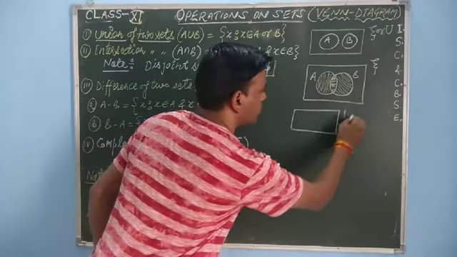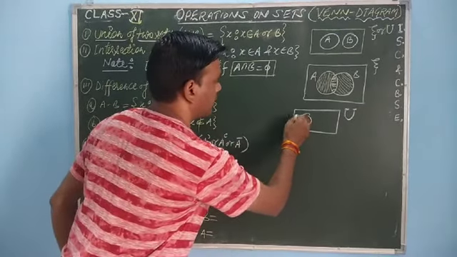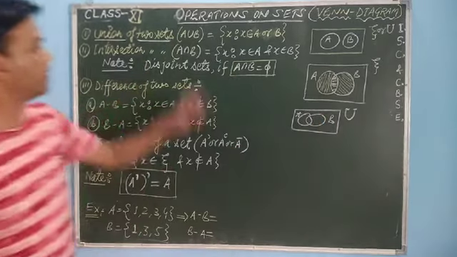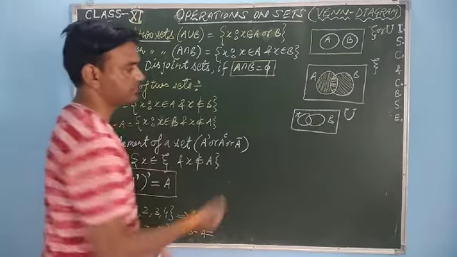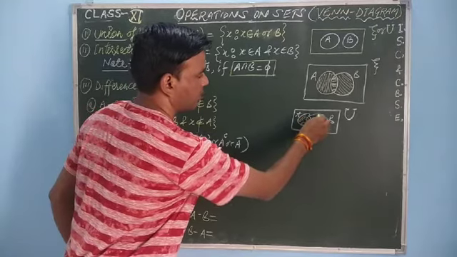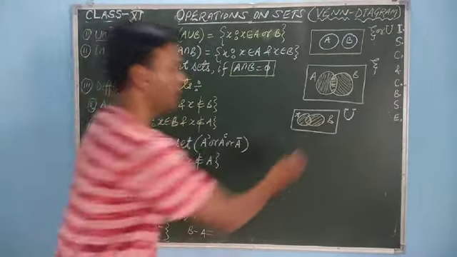Suppose U is a universal set and there are two subsets A and B, then A union B will represent all the elements belonging to A, or this common part, or this whole.